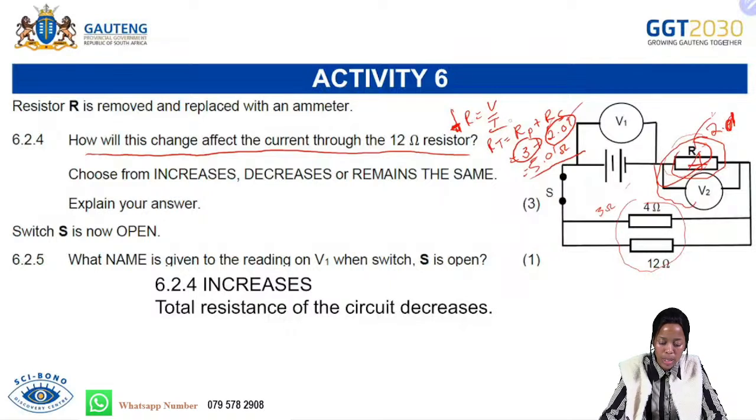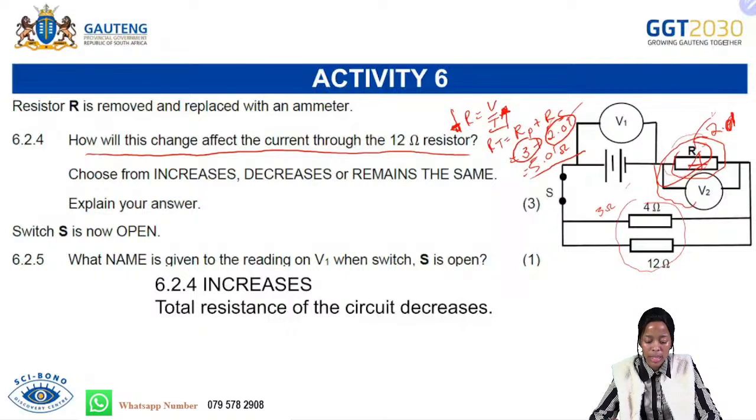So if the total resistance decreases, it therefore means that the current will increase, because the resistance and the current are what? They're inversely proportional. If one decreases, the other one will increase. So hence we are saying that the current will increase because the total resistance of the circuit decreases. Then the next one now says switch S is now open, okay?